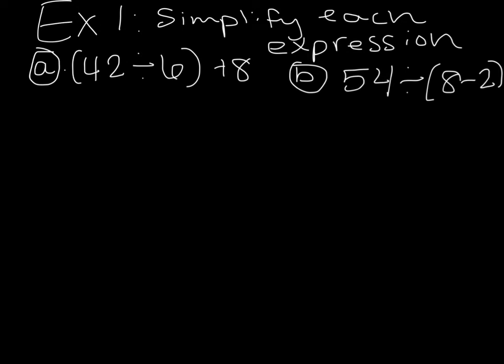Okay, so we've got example 1. Example 1 has two parts, part A and part B, and you'll notice that the directions ask you to simplify each expression. What's really important is to understand exactly what the different words in the directions are asking you to do. An expression, for example, is something that does not have an equal sign.